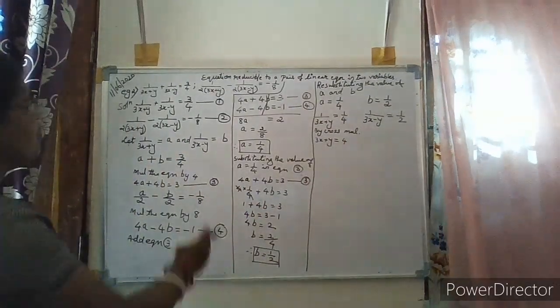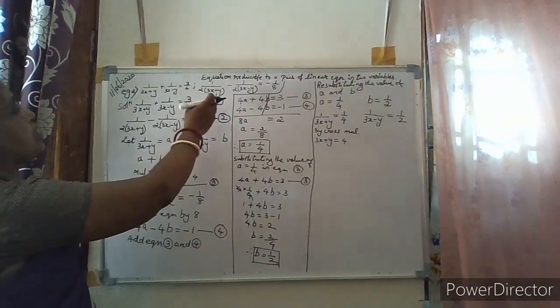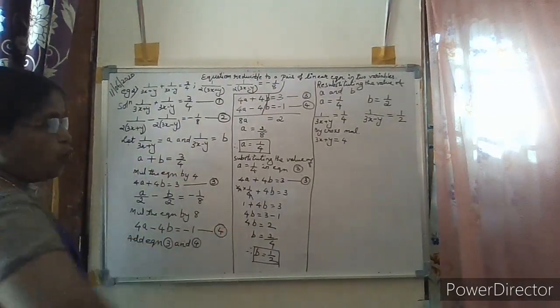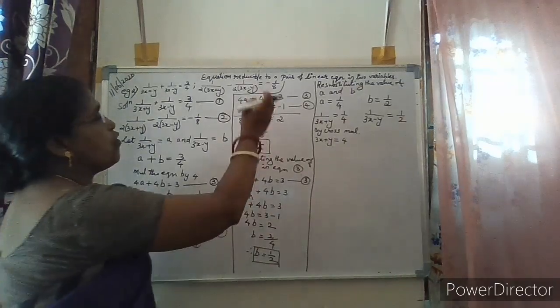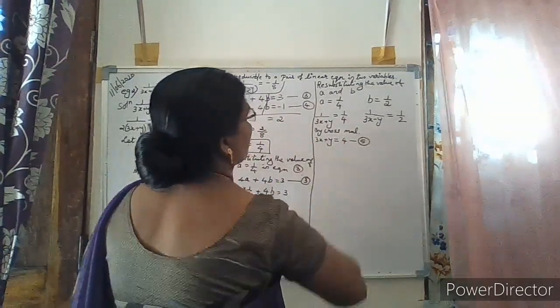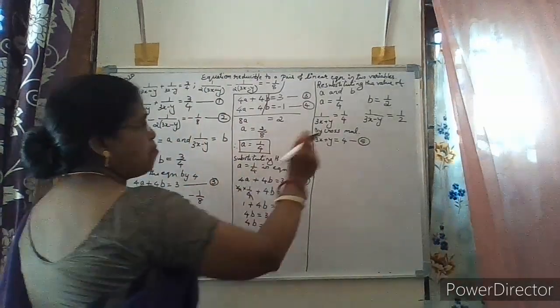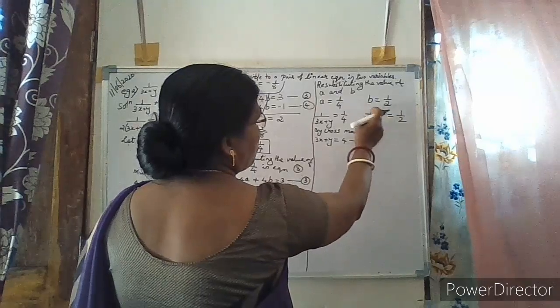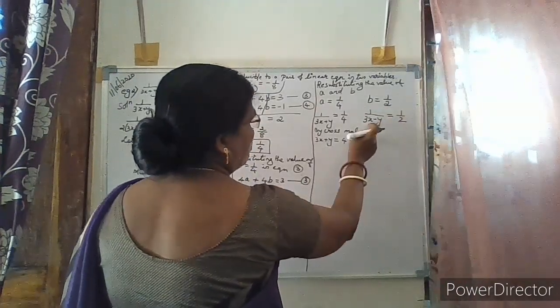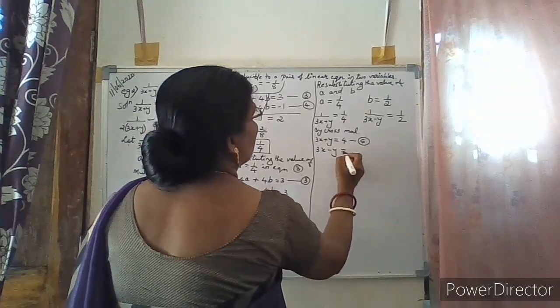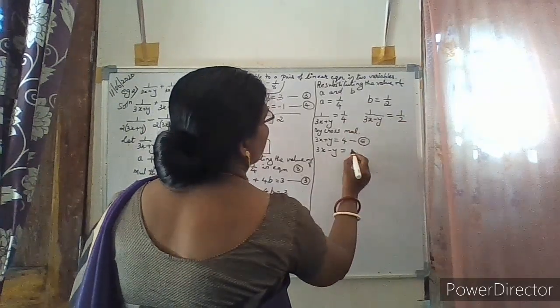Here we have got the equations numbered as 1, 2, 3, 4 here. So therefore we can name this as equation 5. In the same manner, the other one. Here again if we cross multiply, 1 into this we get 3x minus y is equal to 1 into 2 is equal to 2.